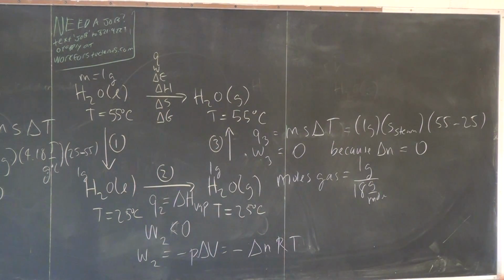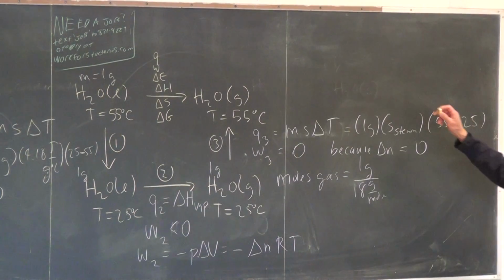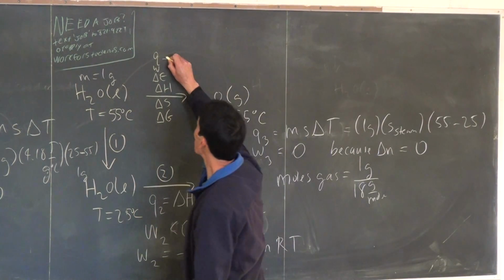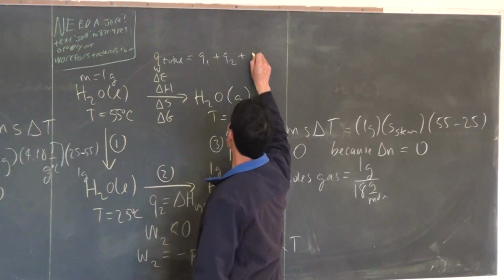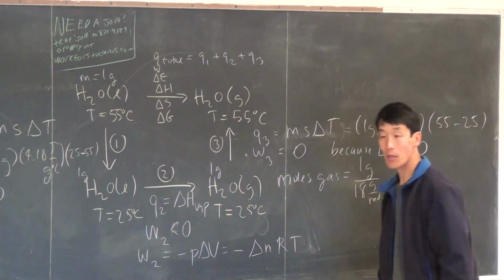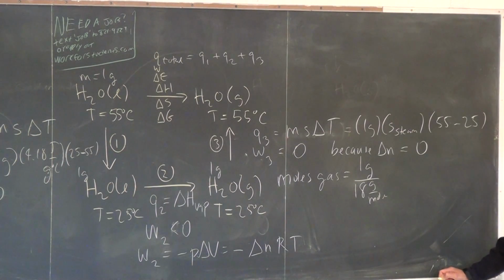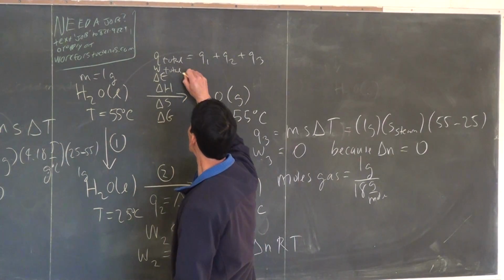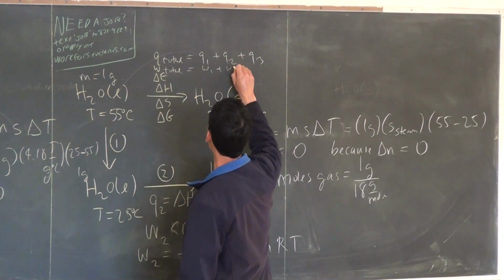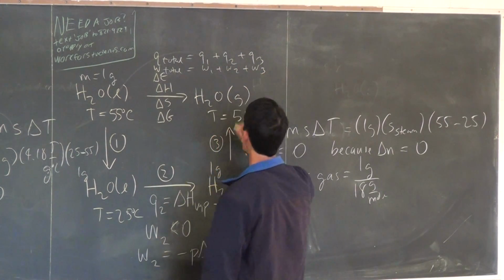Okay, so you calculate Q1, Q2, and Q3, so Q total is equal to Q1 plus Q2 plus Q3. And then for work, the total work is going to equal W1 plus W2 plus W3.